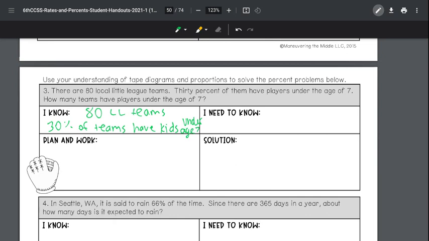I need to know how many teams have players under the age of 7. This is what we need to know. How many teams have players under the age of 7?